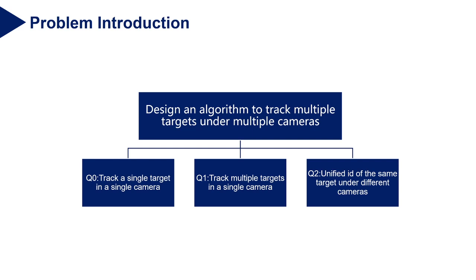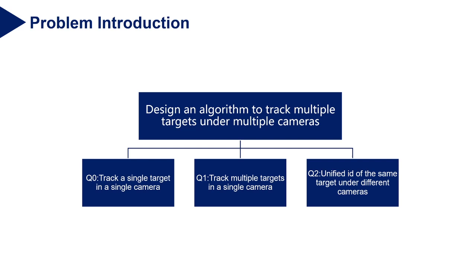Question number 2 is to unify the IDs of the same target across different cameras. Because we have several cameras, we need to track across cameras. For example, one object appears on one camera and another object appears on another camera. Are they 2 different objects, or are they the same object?